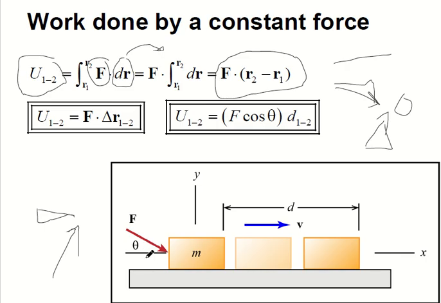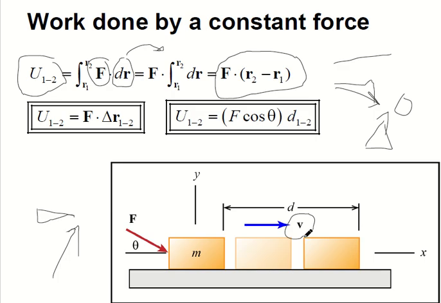So anyway, here is your diagram, and here are your axes, y and x. This is the distance that the block is going to move, from here all the way to here, measured from the beginning of the block to the beginning of the block. It moves with a velocity, just showing you that there is motion.